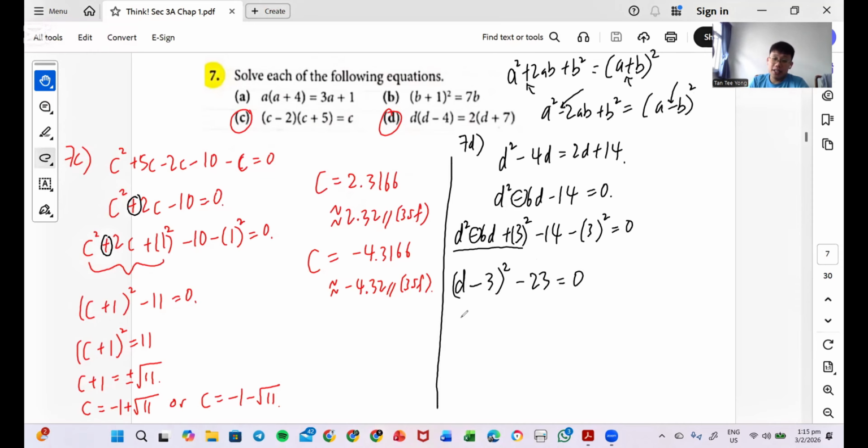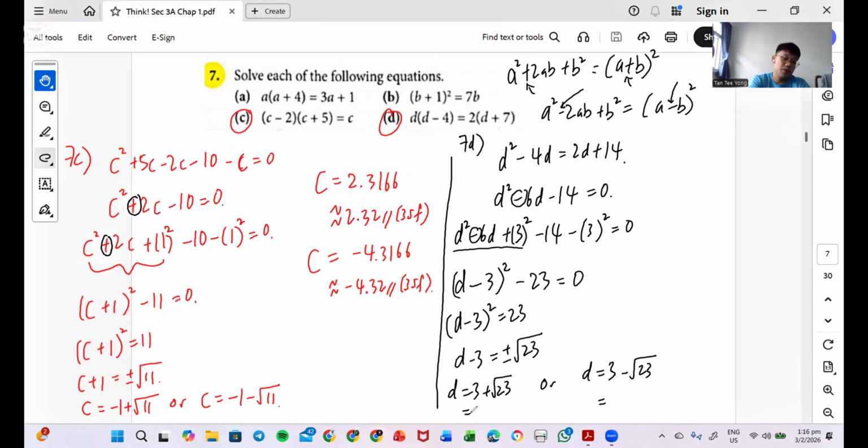Then after that, just do the usual. So equals 23. D minus 3 equals plus minus square root 23. So D equals 3 plus root 23, or D equals 3 minus root 23. Then you solve.